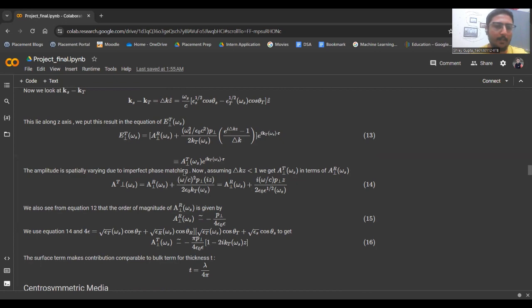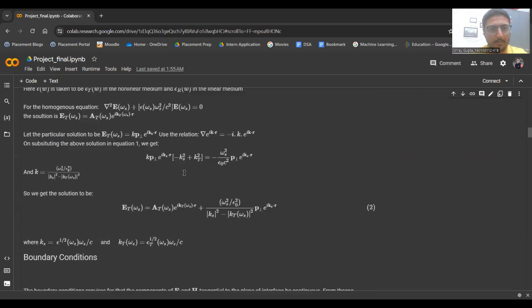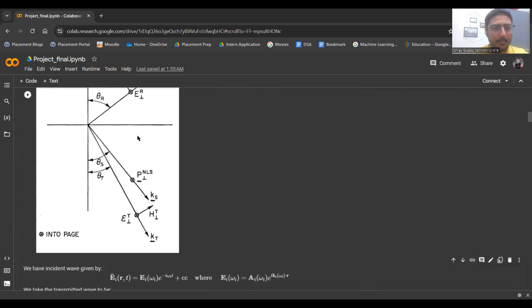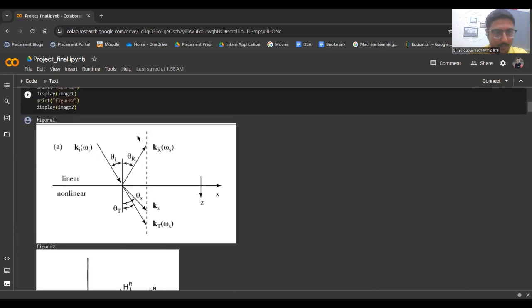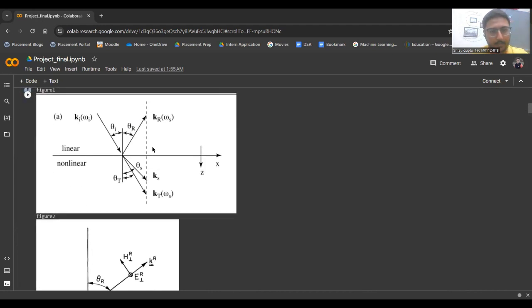And the second reason is we can see in the graph that the area in which the physics is happening, the thickness, is very small.